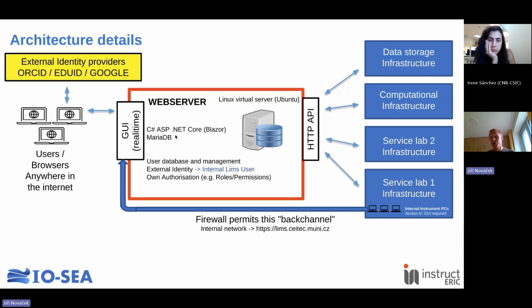A single web server can actually operate multiple labs. That allows us to scale up and facilitate the utilization of the computational resources, because we can have multiple labs like ours connected to the single web server and utilizing the same storage and computational resources.